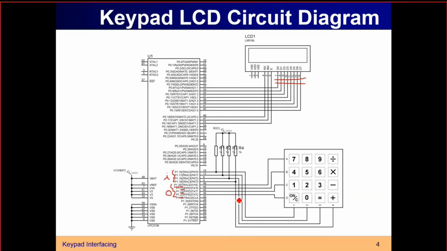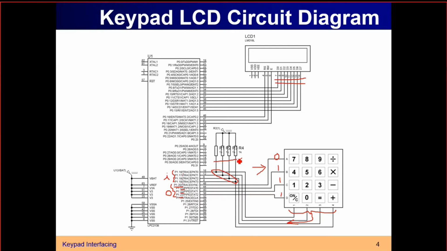Why? Because I am writing the data to the row. Say initially I will be writing 0 1 1 1. I am writing it here, so it should be output. Then I am reading from the column. So column pins should be input, row pins should be output, and to all the input pins I have pull up connection given.